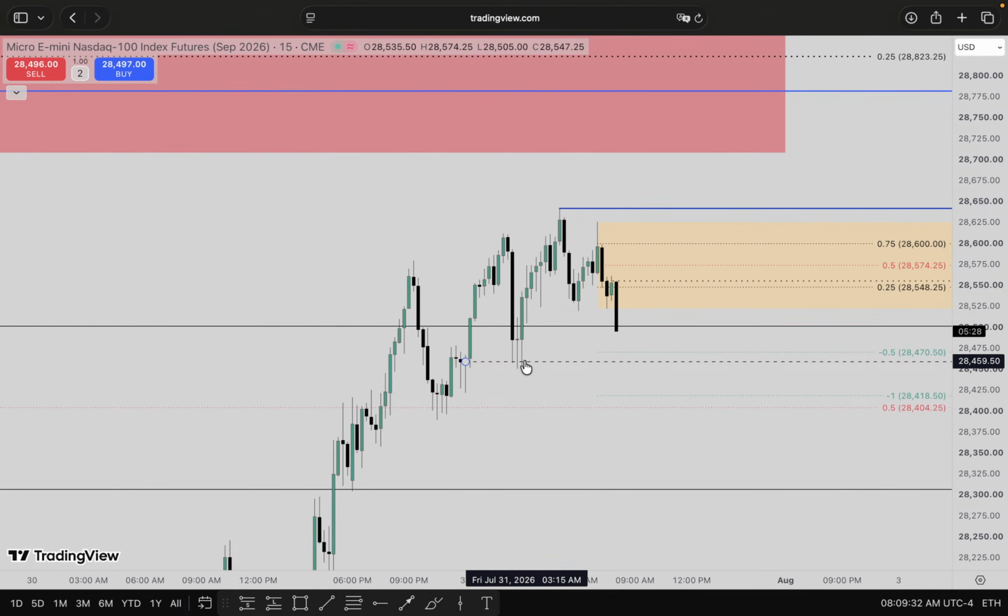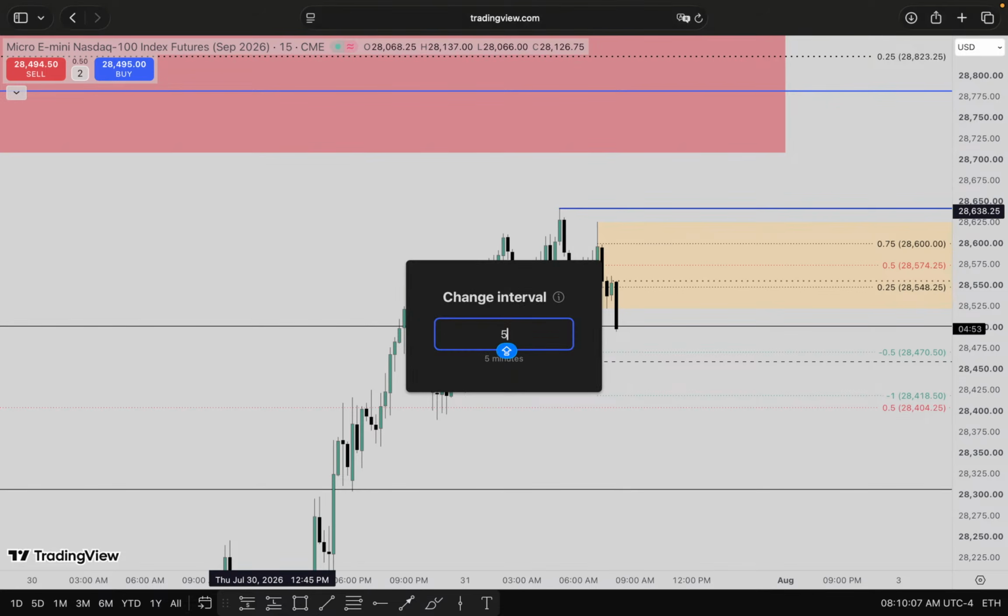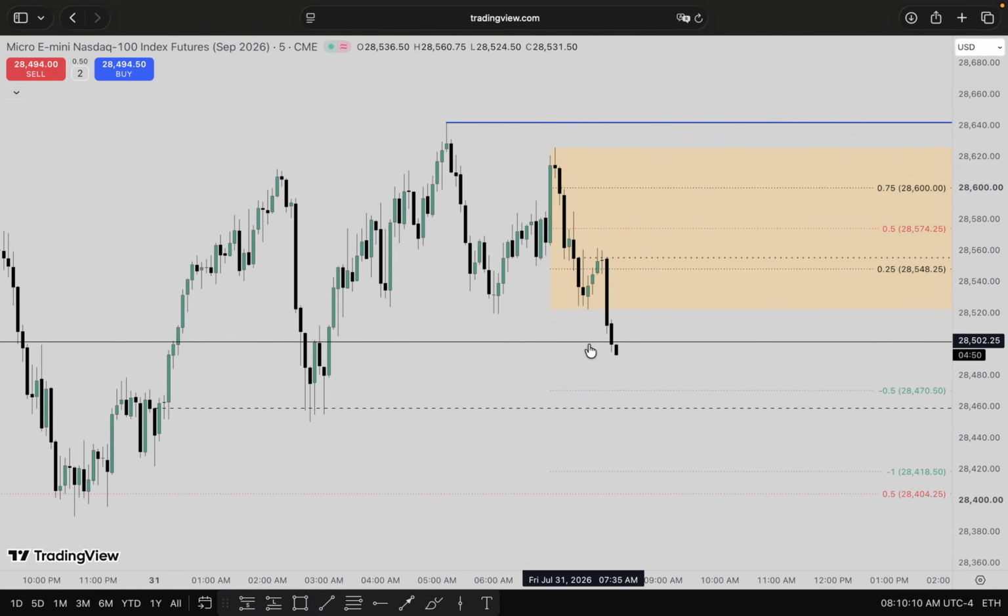Alright, so ES officially took out this low there. And we run inside of this new opening gap, inside of this fair value gap.